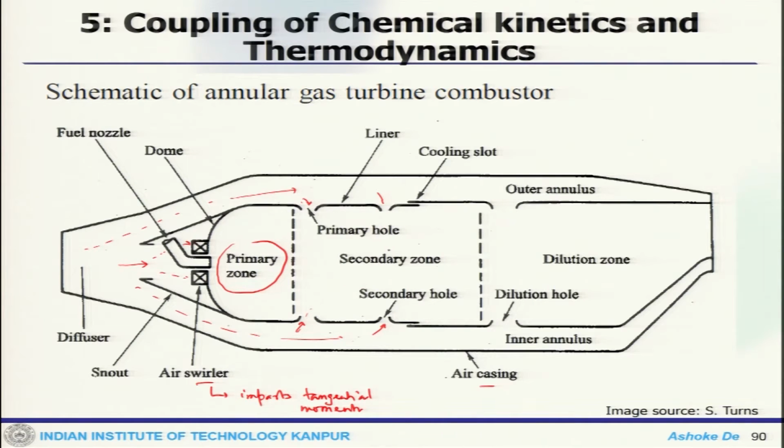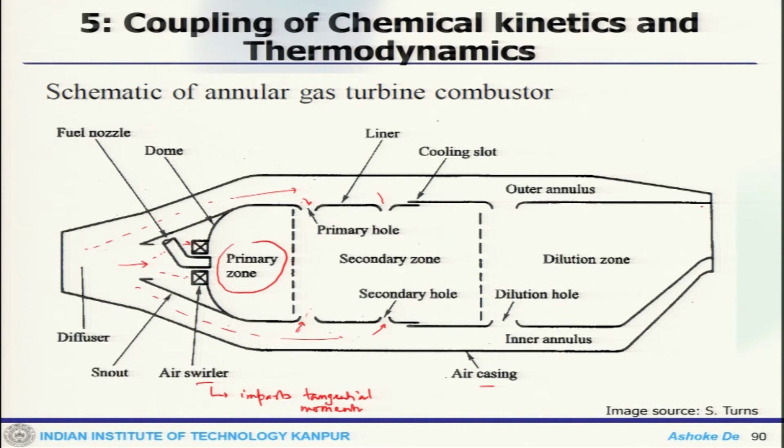It will allow some reaction to take place if there is some excess fuel. So, that would be burned here, because now you inject some more air to it. Secondly, it will also mix with the hot product and smooth out the temperature profile a little bit, so that when it goes out, and that is also done through other dilution holes.